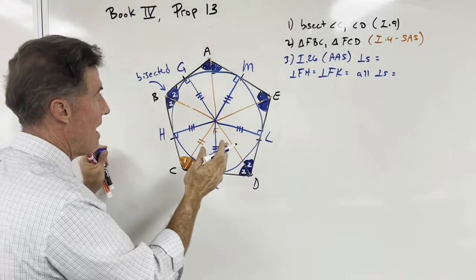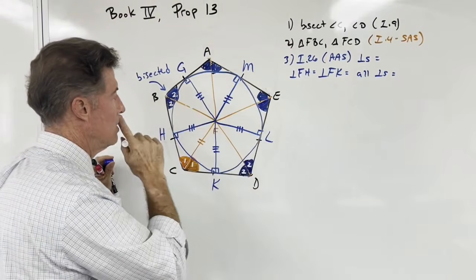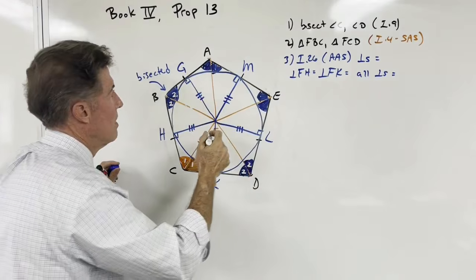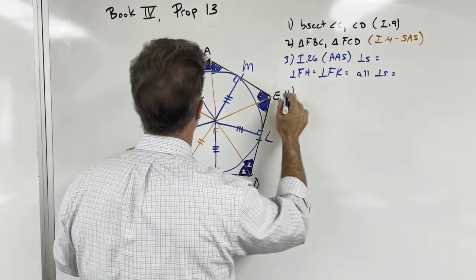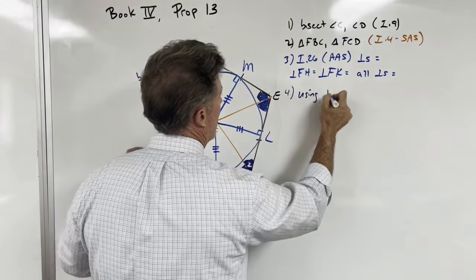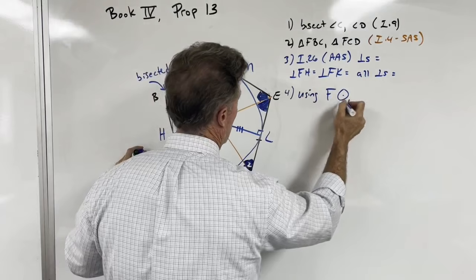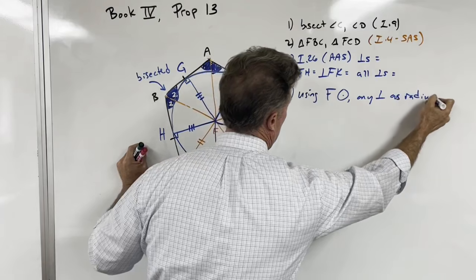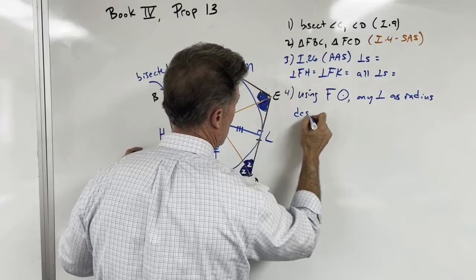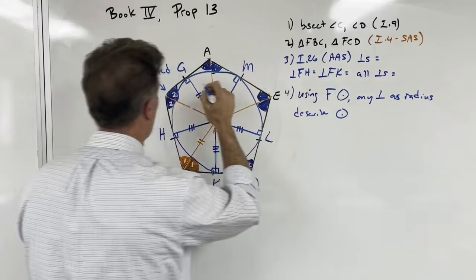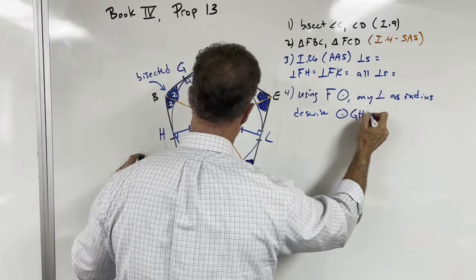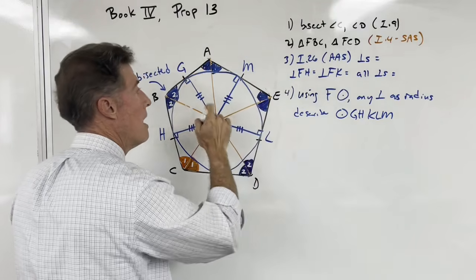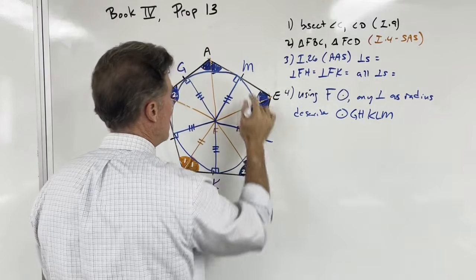I say now that we have done what was required, namely to inscribe a circle in our regular pentagon. So using F as our center and any of our perpendiculars as a radius, we can describe circle G, H, K, L, M, such that it will pass through each of these points, but more importantly, not cut any of these lines.